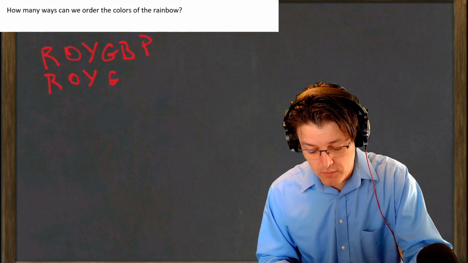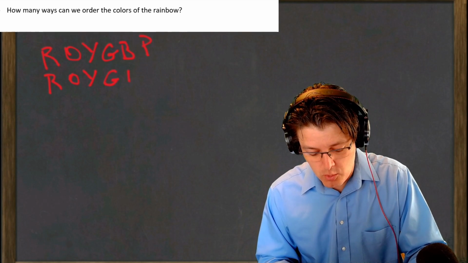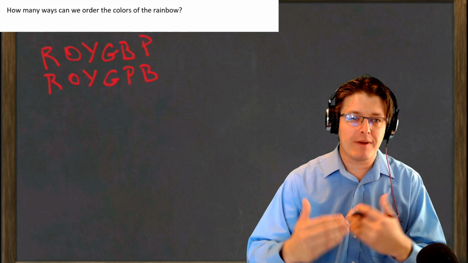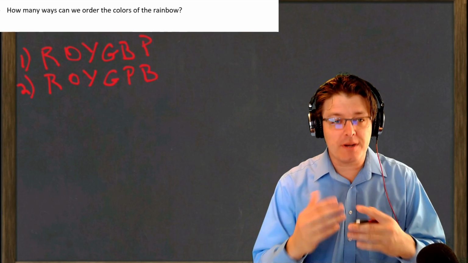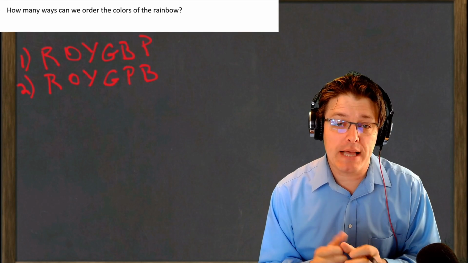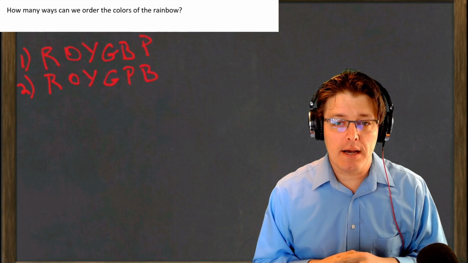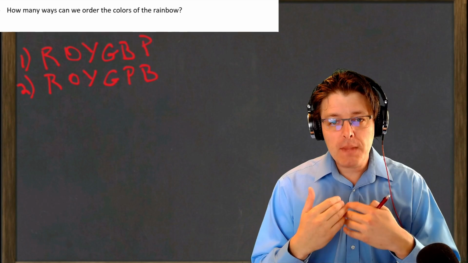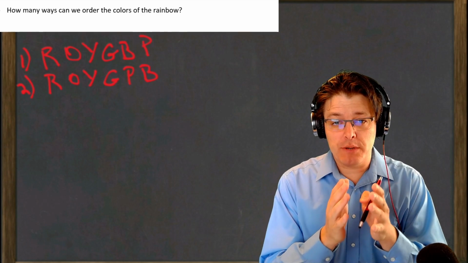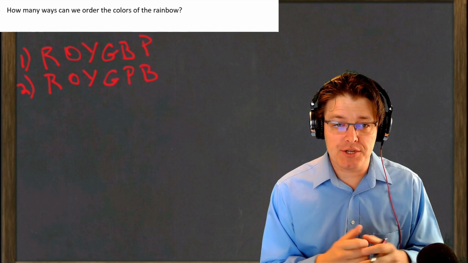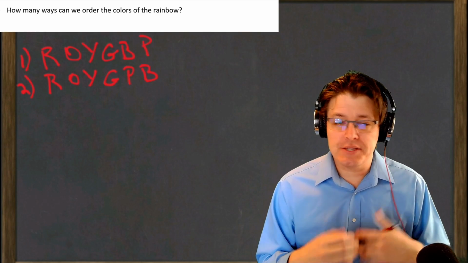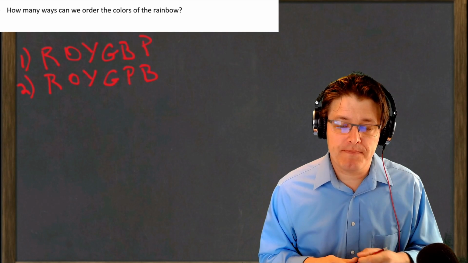In the first scenario we are concerned about the order. So these are 2 different: this is the first one and this is the second one, and these are different because we have flopped those last 2 colors. And that's really going to be the difference between permutations and combinations. Because we're talking about permutations, the order matters, and so these are counted as 2 separate ones.